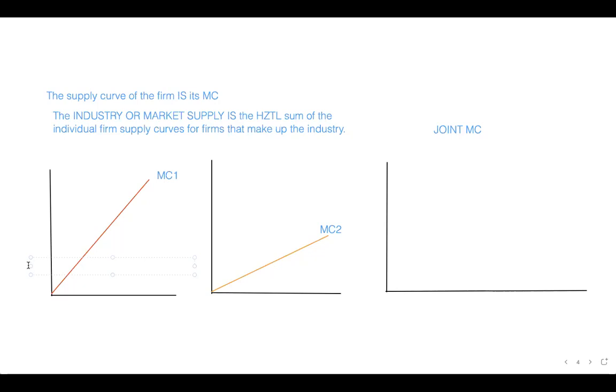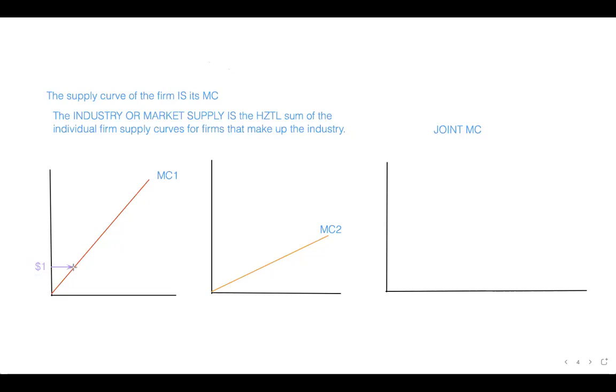Let's say the price is $1 per tomato. Since these are competitive firms, they're going to choose to produce where price is equal to marginal cost.